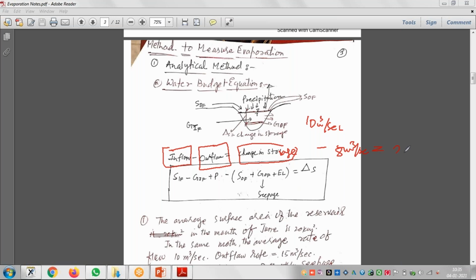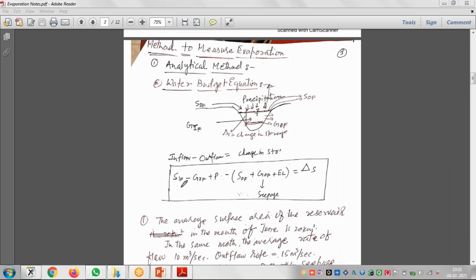So 2 meter cube per second is the change in storage, or we can say the remaining. Another example: suppose we have 10 Omani rial incoming daily income, for example, and 8 Omani rial is going out. So how much is remaining? 2 Omani rial is remaining. The same thing is here.